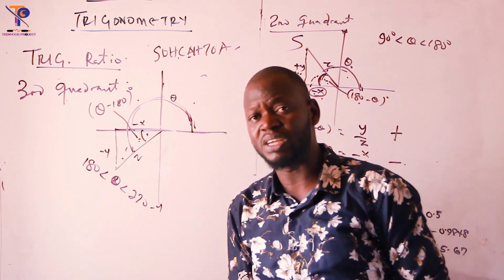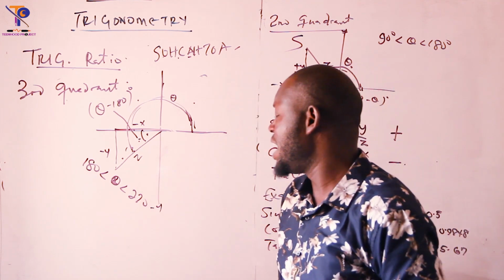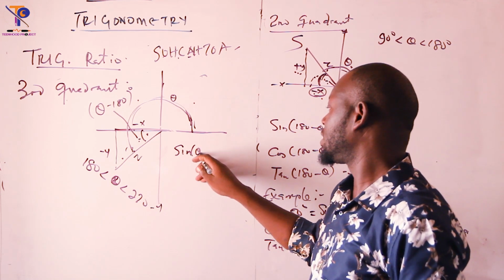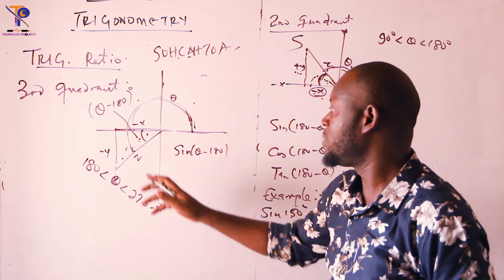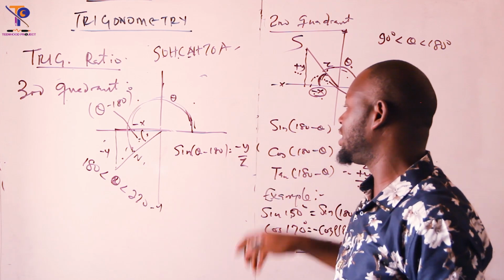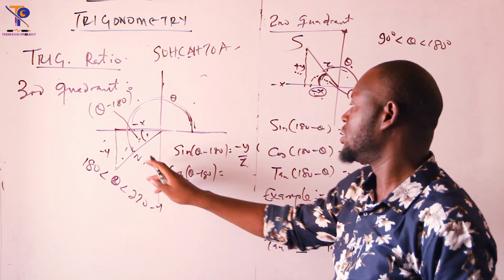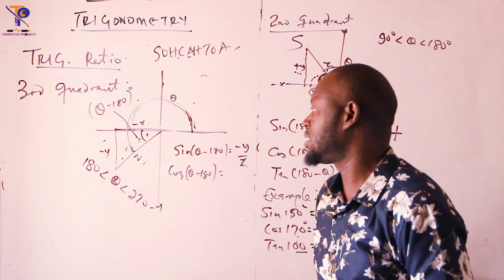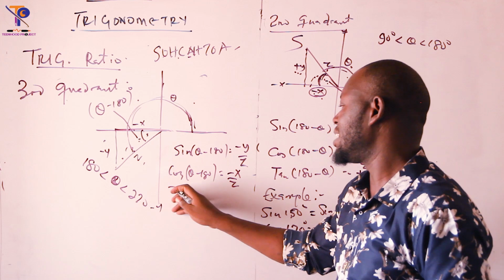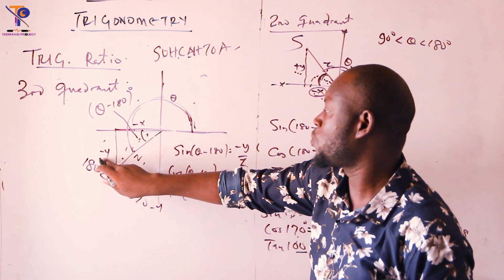So of course we have other things that we use, but here that is definitely what we are going to be using. So from here we can check our sine, cosine, and tangent. That is sine theta minus 180. So from here we have opposite against hypotenuse, that is minus y over z, and our cos theta minus 180, which is going to be minus x against z, that is minus x over z, and tan theta minus 180, which will definitely give you minus y against minus x.